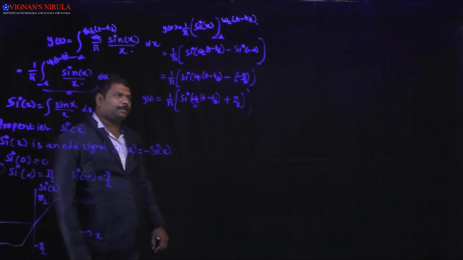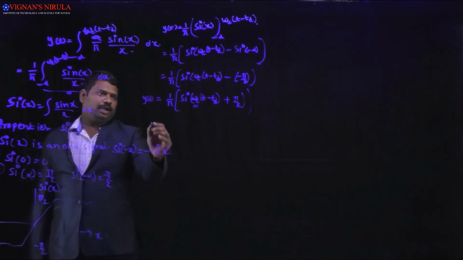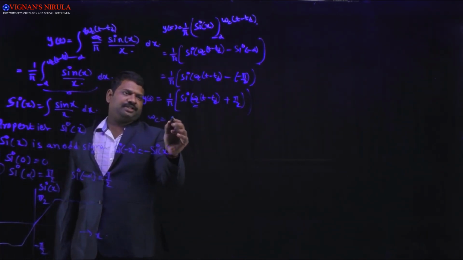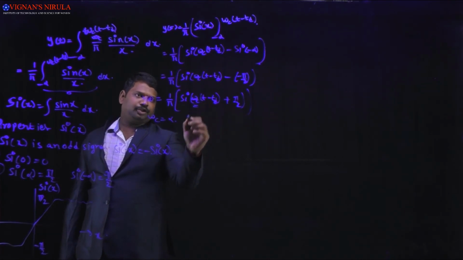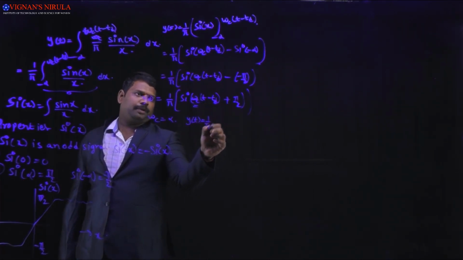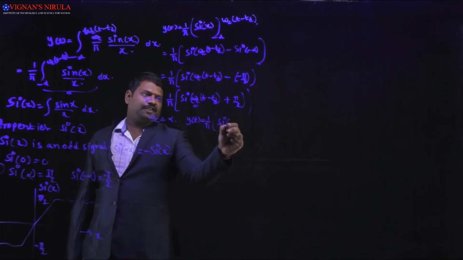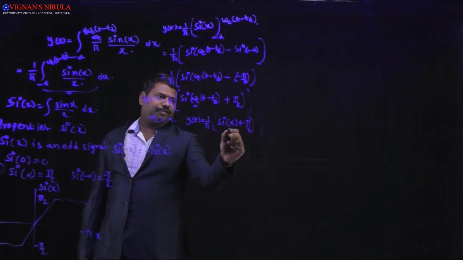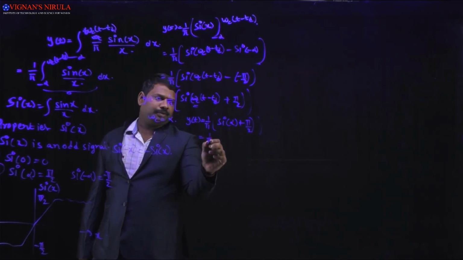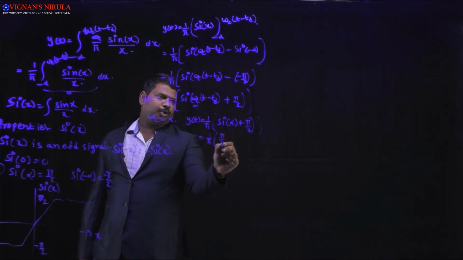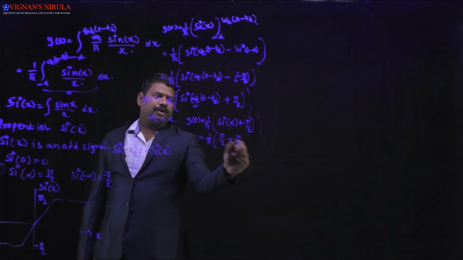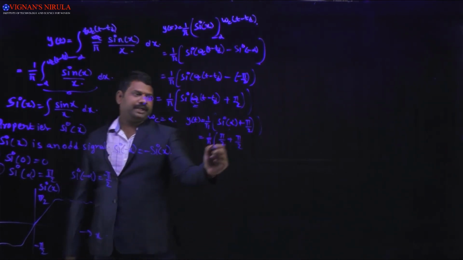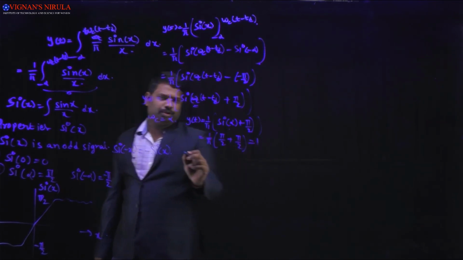That is, when we take omega c as infinity and substitute here, y of t is equal to 1 by pi Si of infinity plus pi by 2. As Si of infinity is pi by 2, therefore pi by 2 plus pi by 2, it is pi, which gets cancelled, and will be equal to 1.